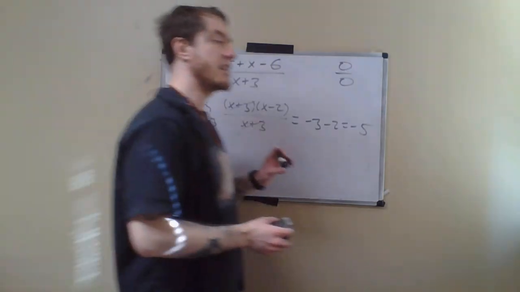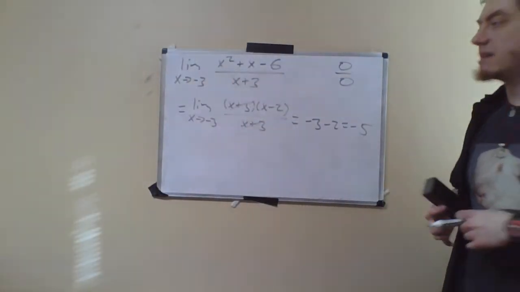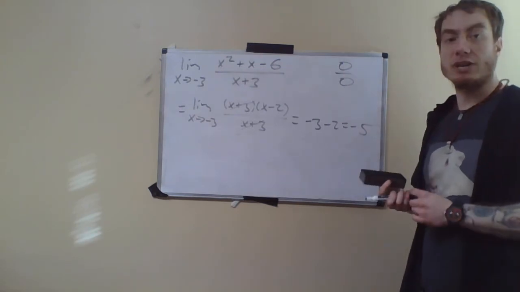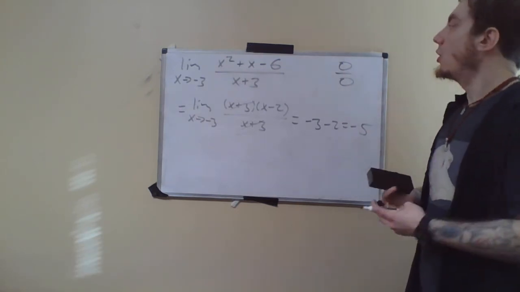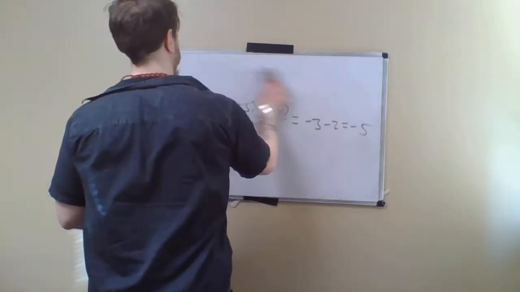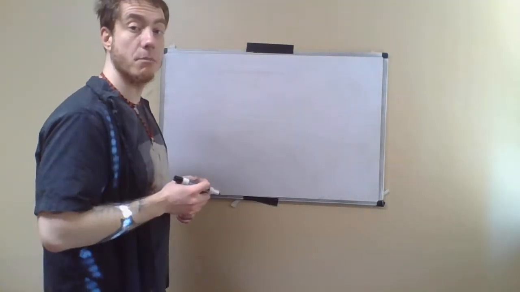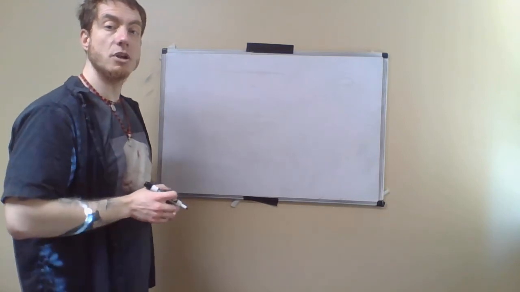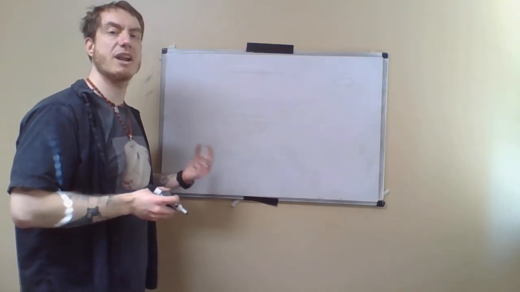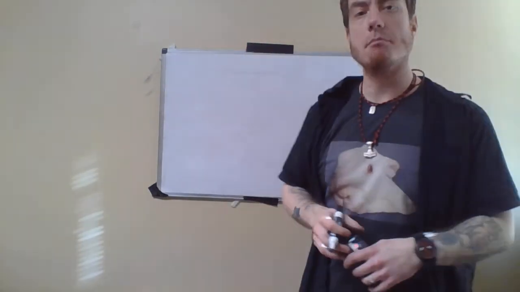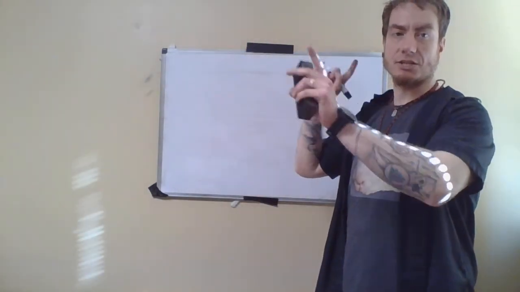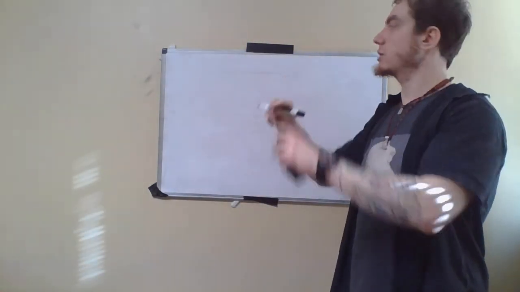This kind of technique is actually one of the main motivating factors in looking for limits, because remember, one of the things we were interested in, in the problem that motivated us, was this: what happens to the average rate of change as my two points, my starting and my ending point, get closer and closer together?